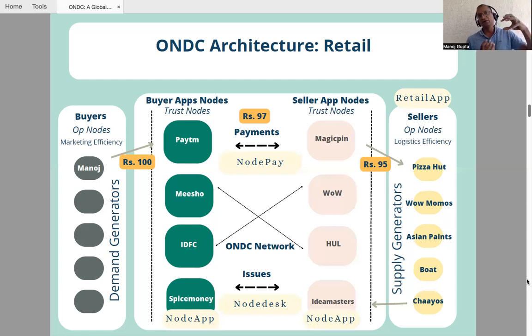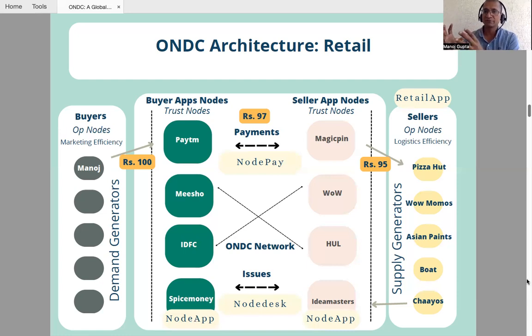Because you're getting a lot of traffic, and the only thing you need is supply from ONDC. Seller apps will give you supply, and you just manage your buyer app and manage the queries and the payments kind of stuff.